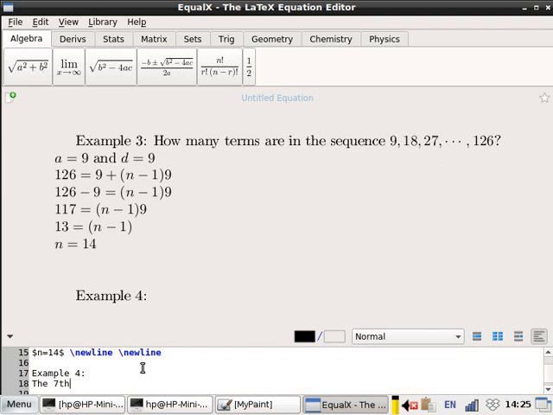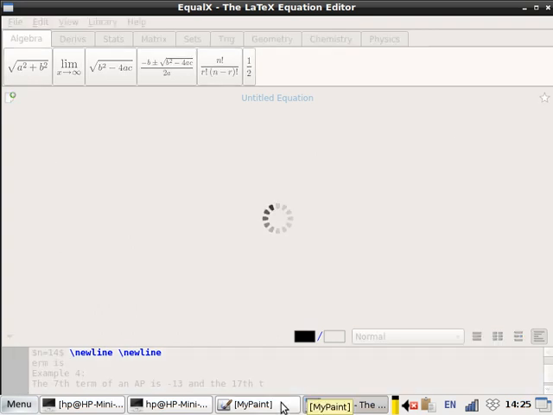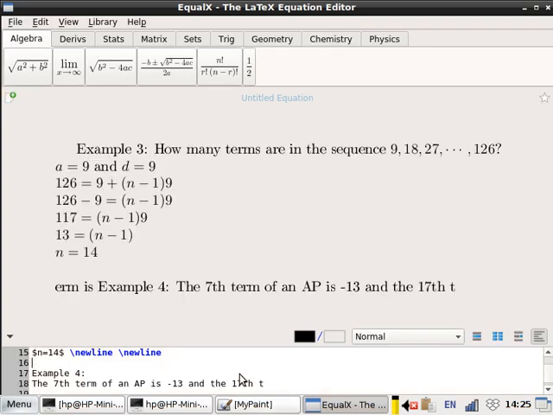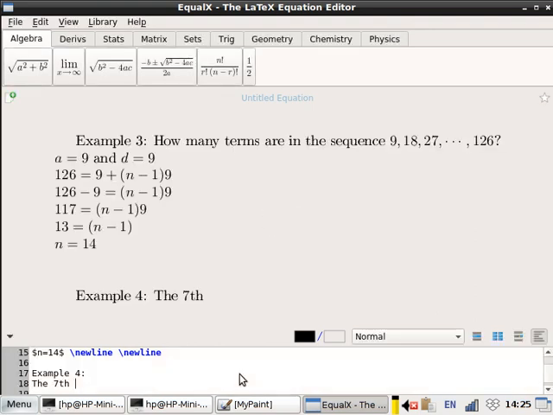The 7th term of an AP is minus 13, and the 17th term is... This is why I don't like keyboards. Let's start again. The 7th term of an AP is, what did I say?